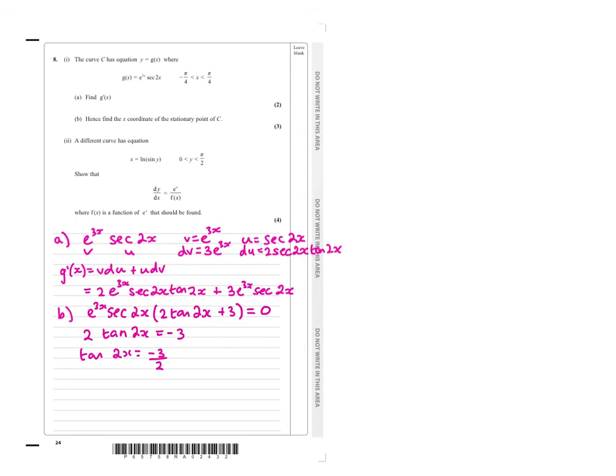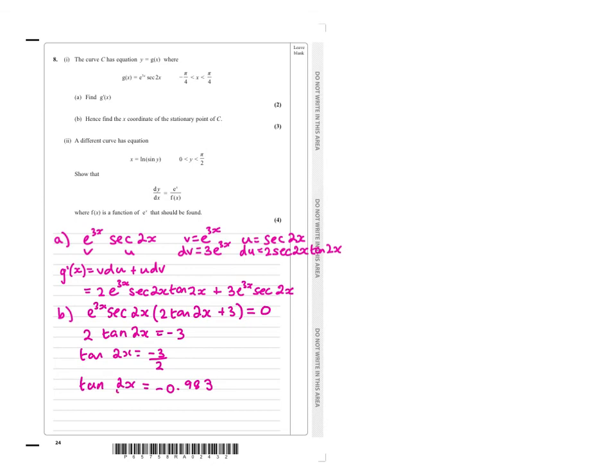So then if I shift tan minus 3 over 2, I get tan of 2x equals minus 0.983, which has to be in the interval between minus pi over 4 and pi over 4.